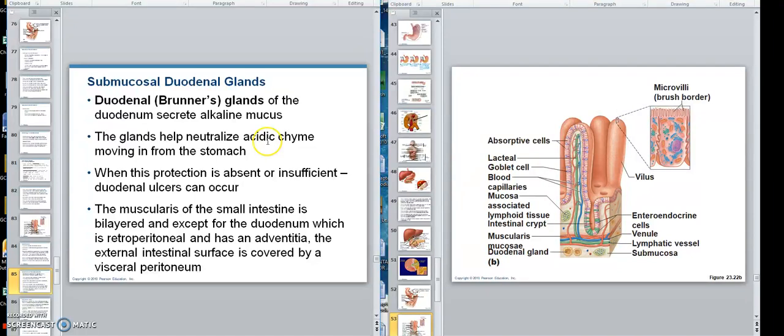When the protection is absent, that's when you get these ulcers. And see, these would be early in the small intestine, the duodenum, because that's where the acid is coming out. And so remember I told you that the most common ulcers are duodenal. They aren't gastric. The muscularis of the small intestine is normal, except for the duodenum, which is retroperitoneal. Remember, it's behind the peritoneum.